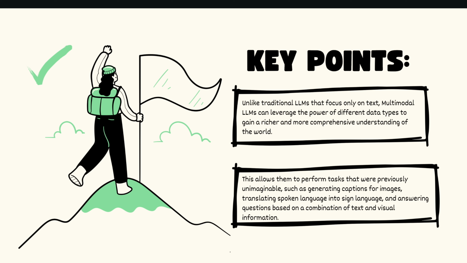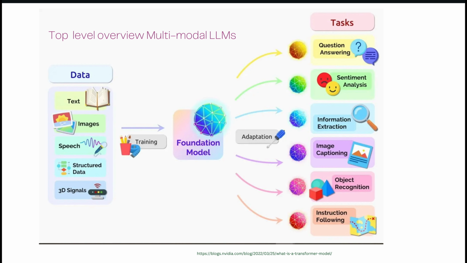Second, this allows them to perform tasks that were previously unimaginable, such as generating captions for images, translating spoken language into sign language, and answering questions based on a combination of text and visual information. Understanding information in multiple formats is the ultimate goal of multimodal. So these are some top-level overviews.